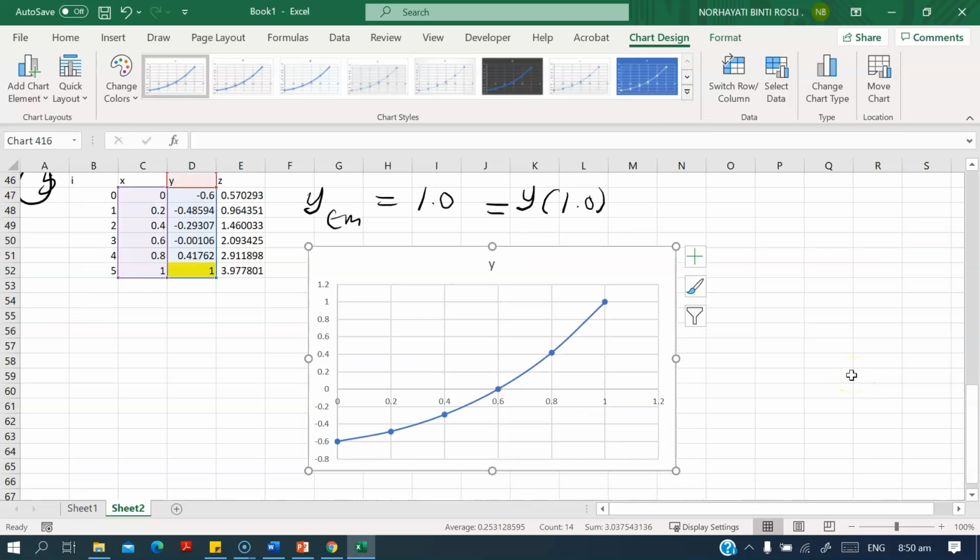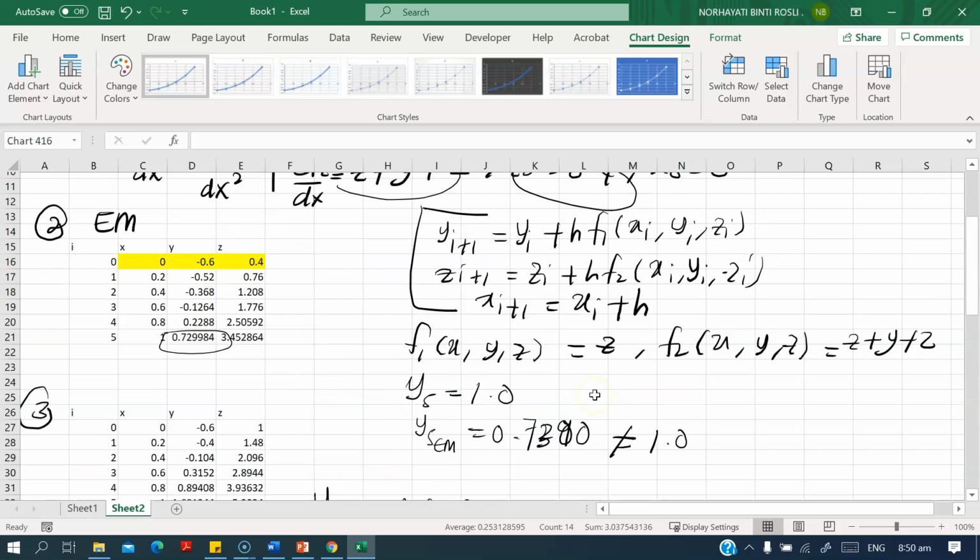It is simple for you to use Excel, class, because maybe some of you make careless mistakes by using manual calculation. But please be more careful on the first formula that you insert in Excel. So you can see this is the solution of our function.